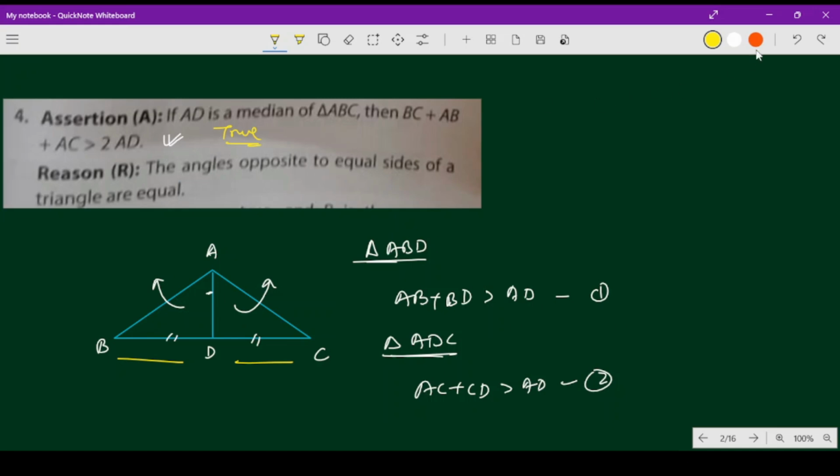So this is true, but this reason is not explaining anything about the assertion. So the correct option will be: both assertion and reason are true, but R is not the correct explanation for A.